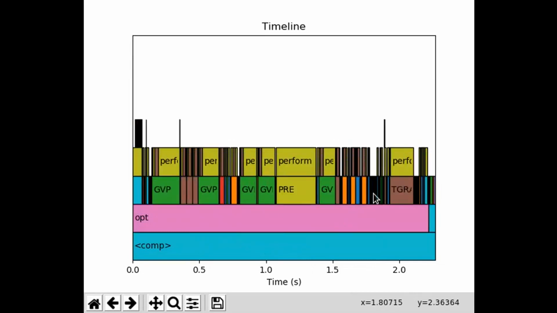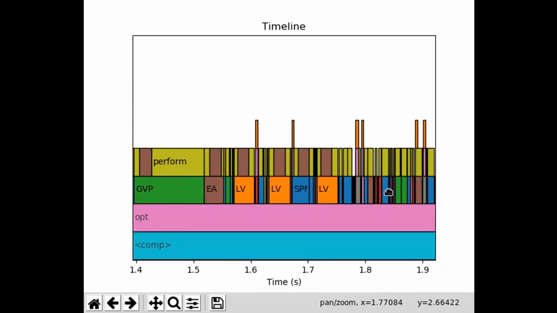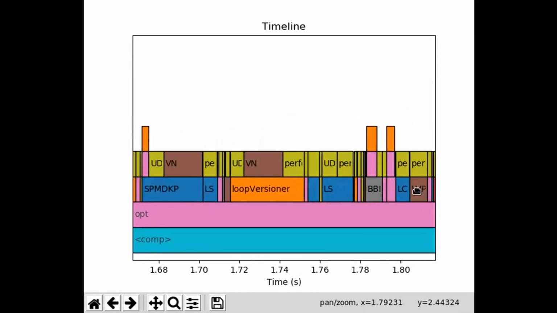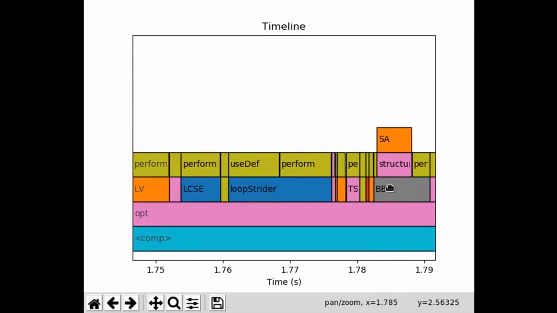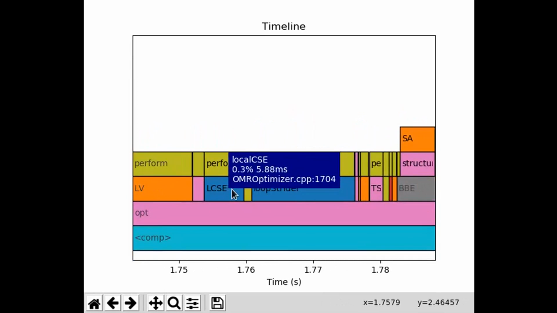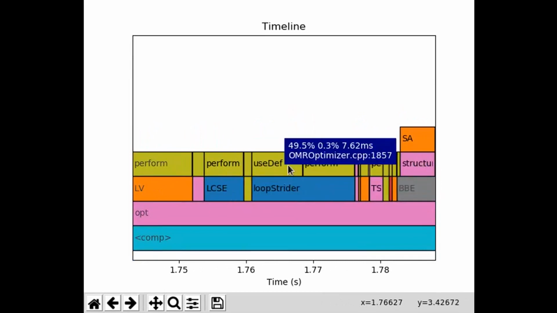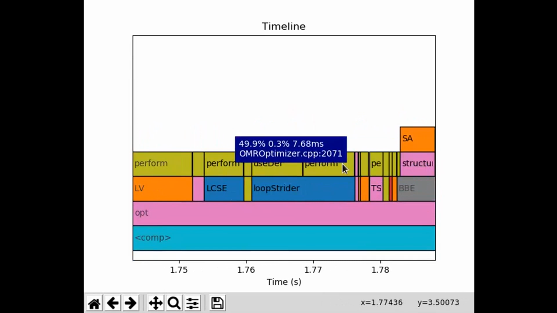And there's a lot of stuff here that's too small to see, but you can zoom in on that stuff if you want. So this was local CSE, loopstrider. Loopstrider did use defs, and then it did its perform method, and so on.